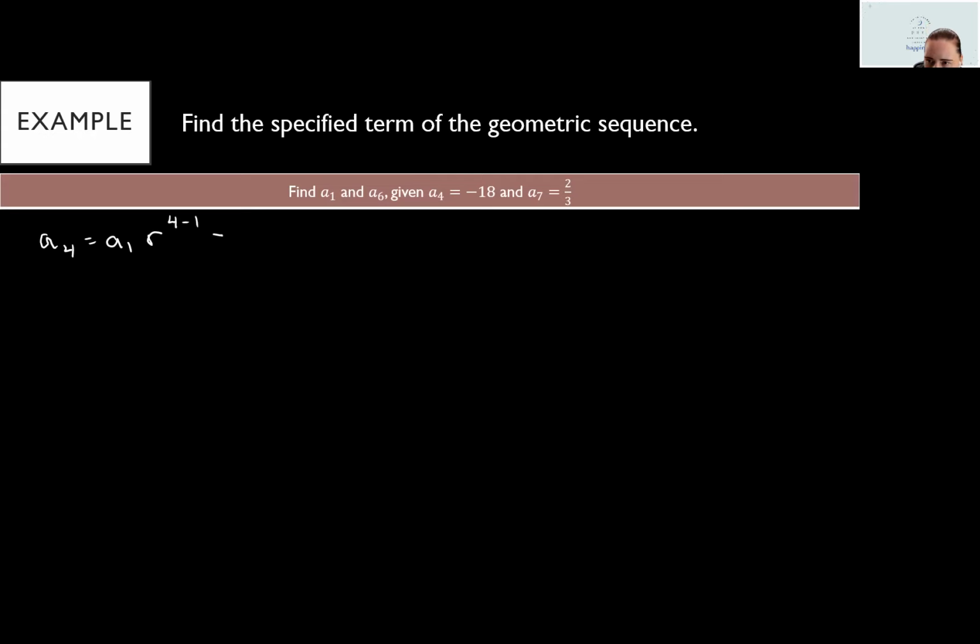And that is equal to negative 18. We also are given a7, which is a1 r to the 7 minus 1. And that is equal to 2/3. So I'm going to show you a little trick here.